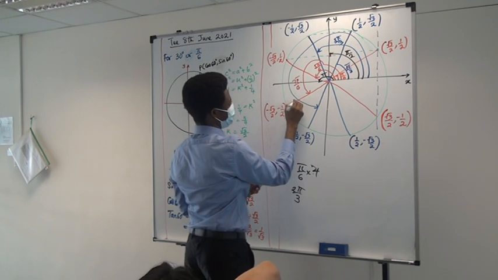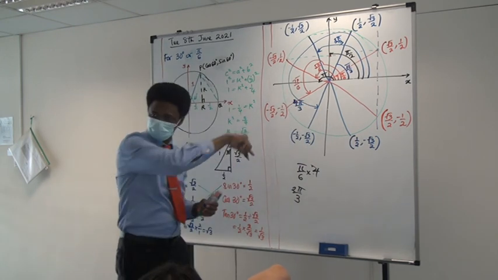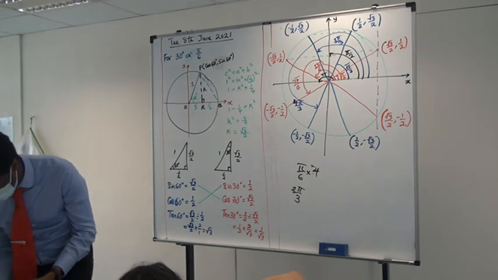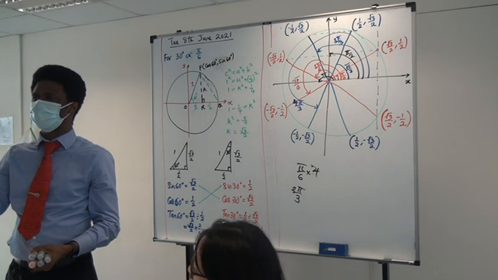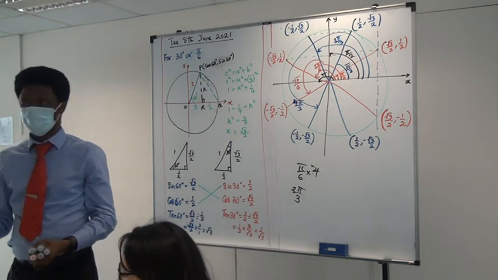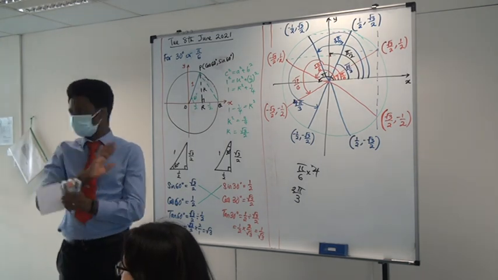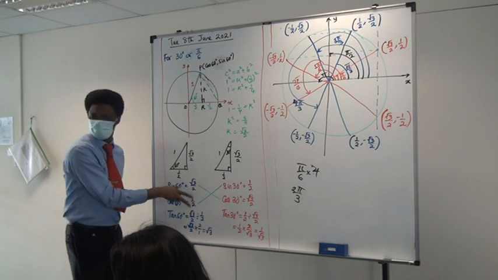So this is 4 pi over 3, and so on. And check your paper. Not everything was labeled, unfortunately, but I'm sure you can figure that out. Yes? Okay? So with one of them, you can actually deduce the rest. All you need to remember is actually two of them.